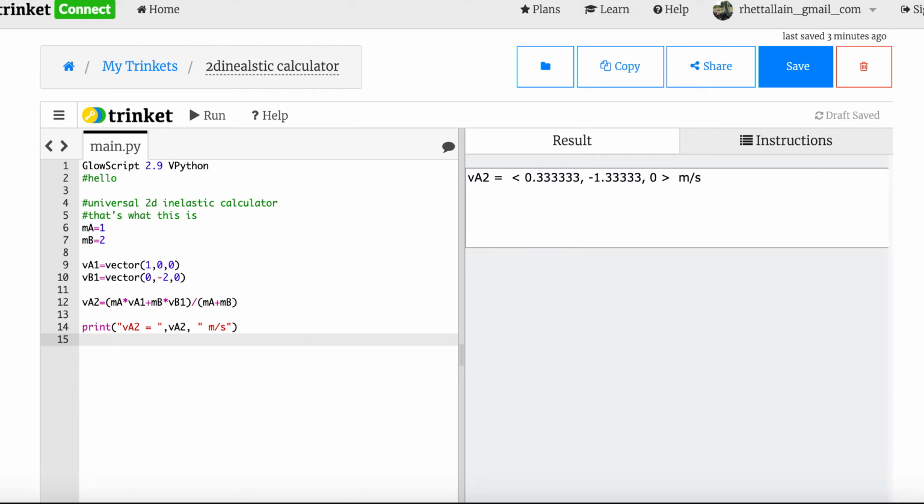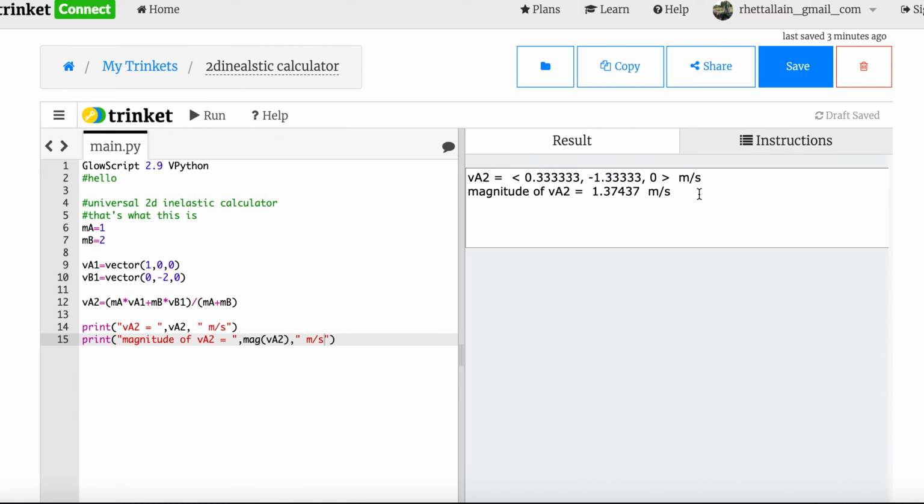Well, Python has a built-in function for the magnitude of a vector. It's called mag. So I could just write this, print magnitude of VA2 equals mag VA2 in units of meters per second.